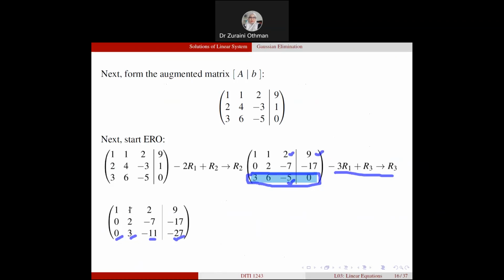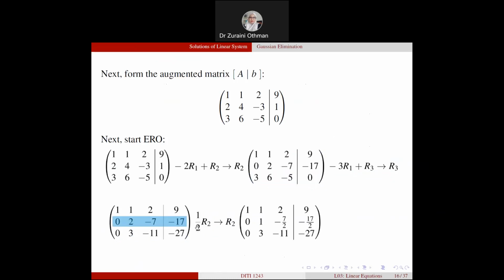So now our focus is on this one. How do we make it 1? Okay, to make it 1, we have to divide R2 by 2 and we get the new R2. So now it becomes what? Let's see what this person does. Okay. See? R2 divided by 2.